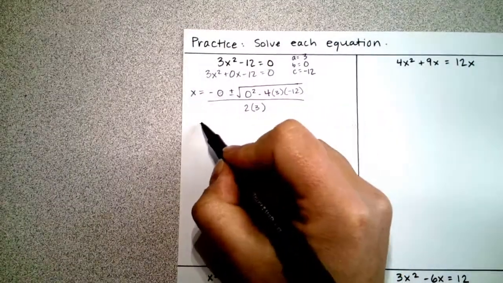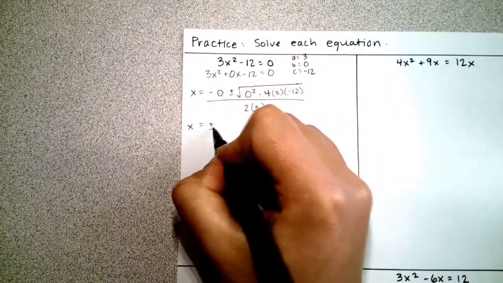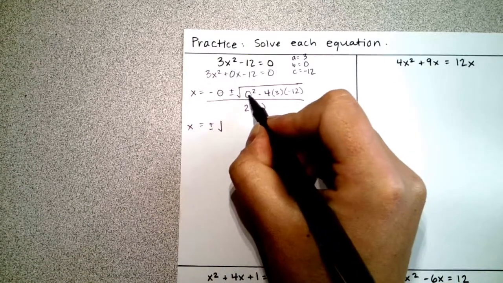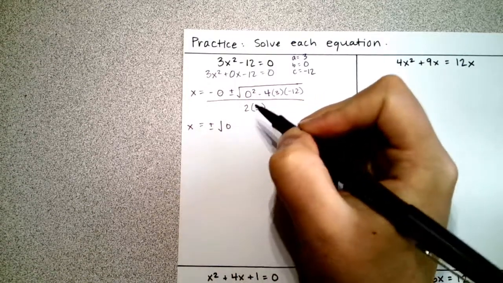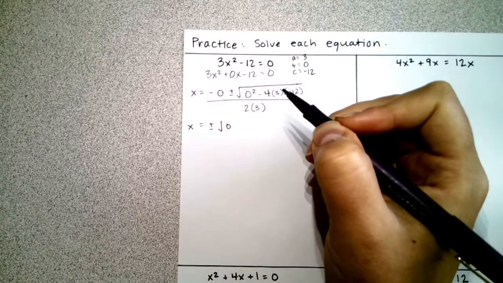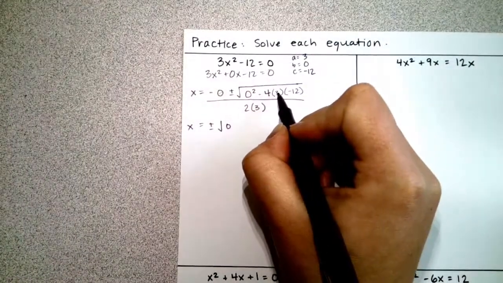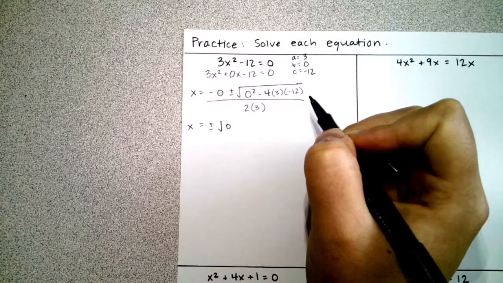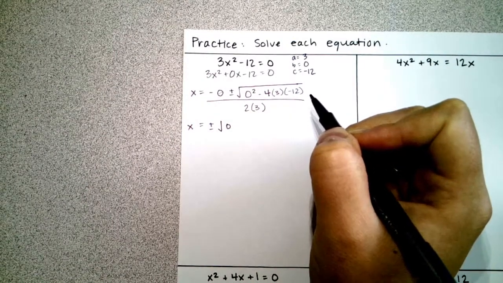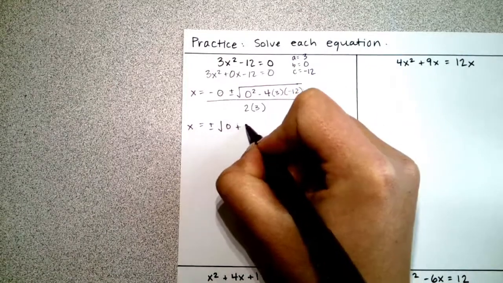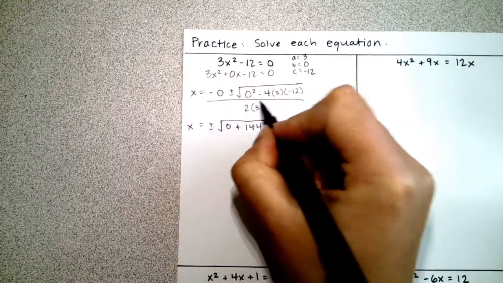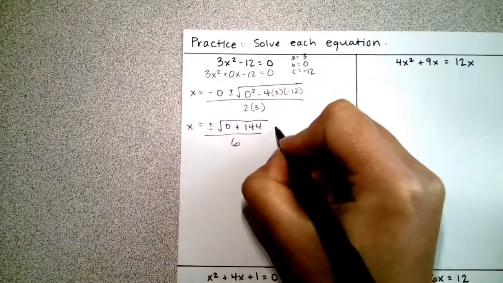This is just 0, so we have the positive or negative square root of 0 squared is 0, and -4 times 3 times -12 is positive 144, and 2 times 3 is 6.